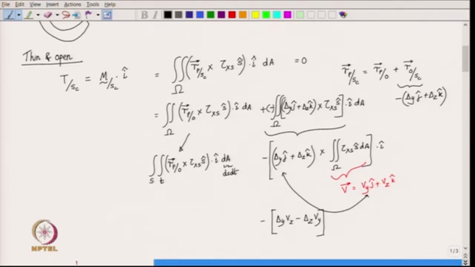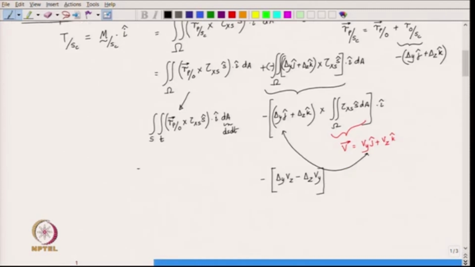Then we can recall that tau x s is independent of thickness, is not it. So, in this integral, what is really varying with thickness? It is the position vector of P relative to O, is not it. So, we can write this integral as integration over S, and then we have integration over the thickness T of the position vector of P relative to O, which is a function of both S and T, dt.